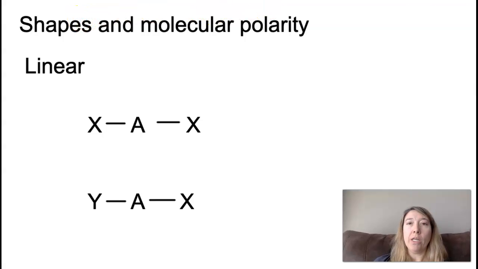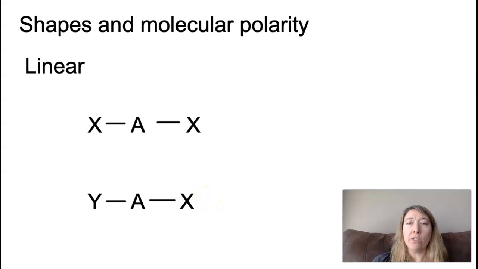If we start with the first shape, which when we went through our shapes was linear, we're going to find that there's two general sets that we tend to encounter. We tend to either encounter a central atom with two non-centrals that are identical to each other, or a central atom with two non-centrals that are different from each other.